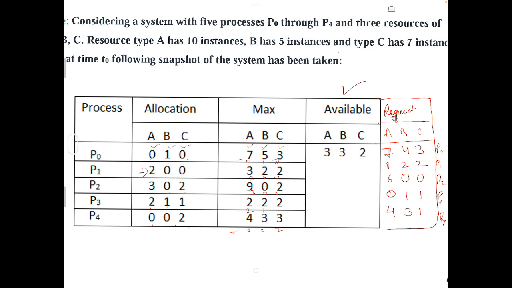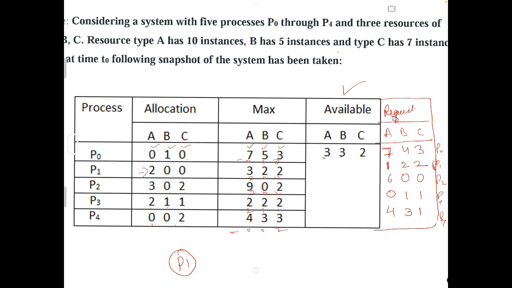It will require 1. We have available 3. So this can execute. Now 2, it has available 3. It requires 2 and we have available 2. Means P1 will execute first because it can get the required resources.